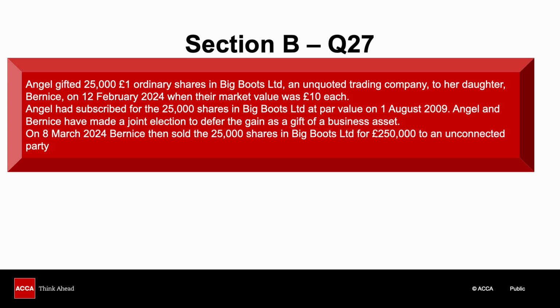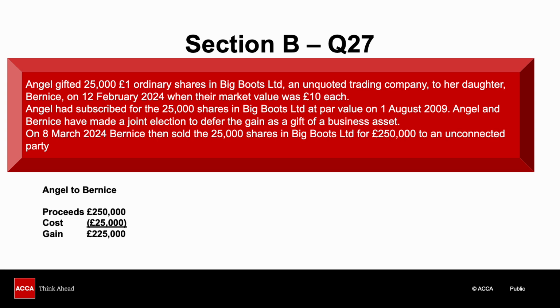She had originally subscribed for those 25,000 shares at face value, so for £1 each. We know that they've made this gift holdover relief election, and on the 8th of March 2024, so not even a month after Bernice got the shares from her mother, she sold them for £250,000 to an unconnected party, so to a third party.